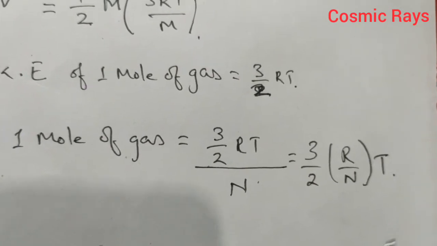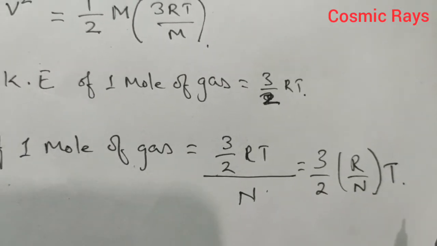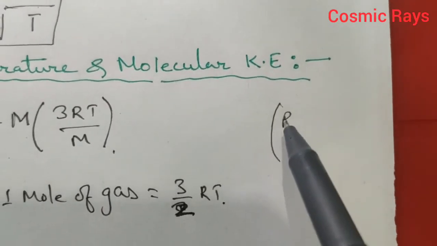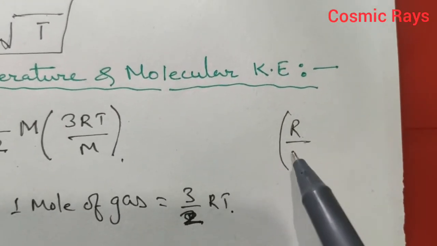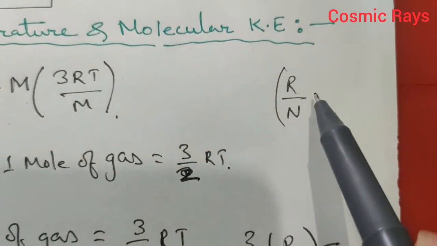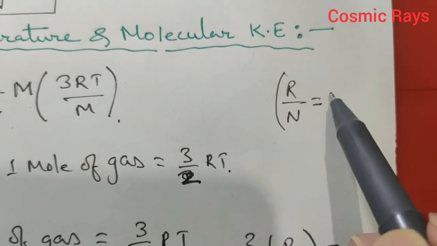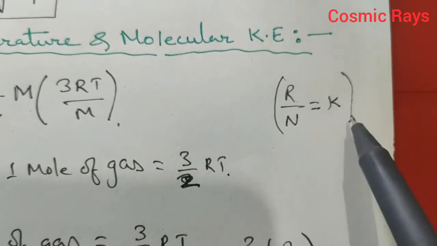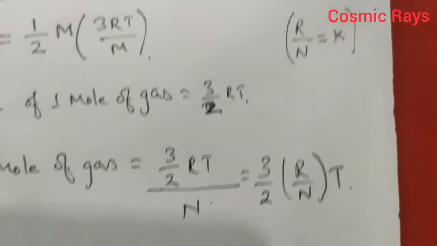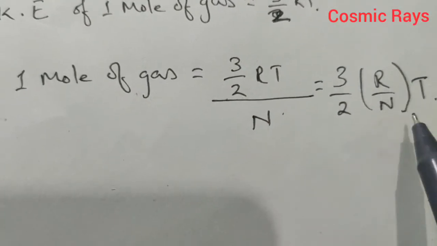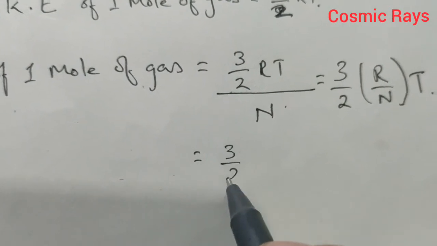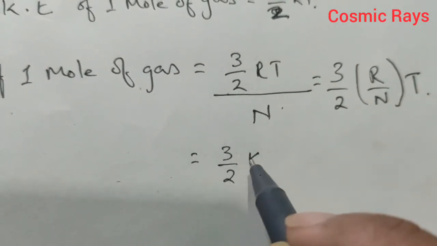Why do we write R by N? Because R is a constant, the universal gas constant, and N is another constant, the Avogadro's constant, and the ratio of these two constants is a third constant k, the Boltzmann constant. So we substitute the Boltzmann constant here.